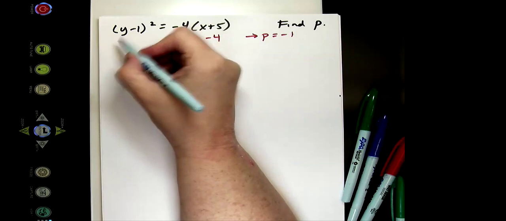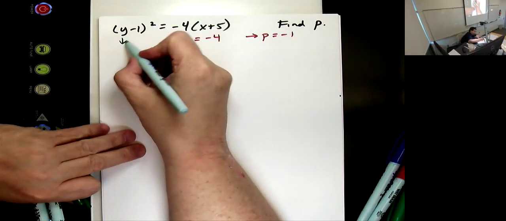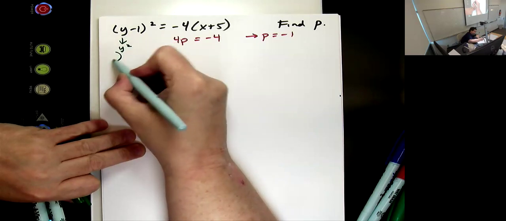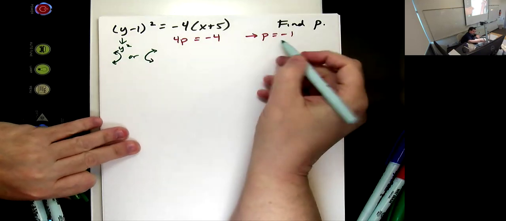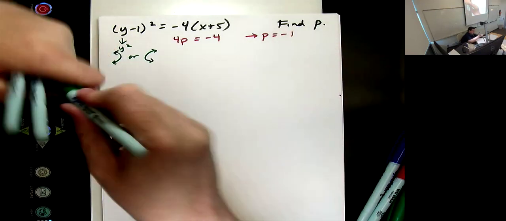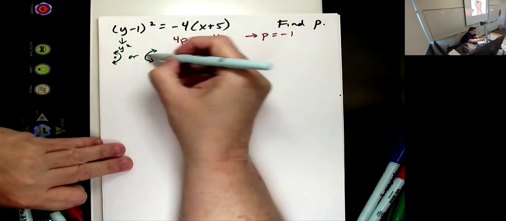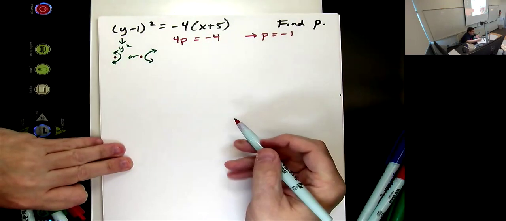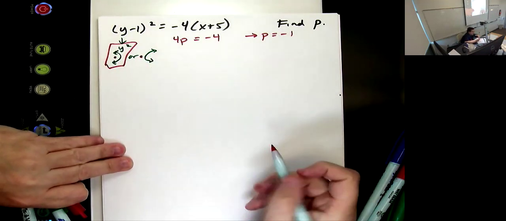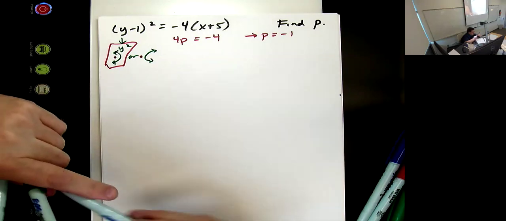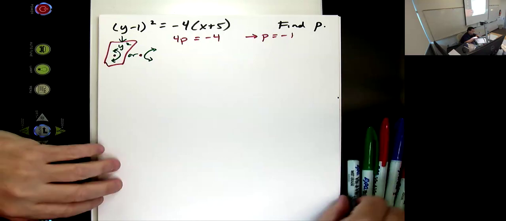With y squared, we have either this or this. P equaling -1 says it's got to go left 1, so either there or there. The P being -1 shows us that it's there, because the focus is right inside the parabola. We're going to be opening to the left.